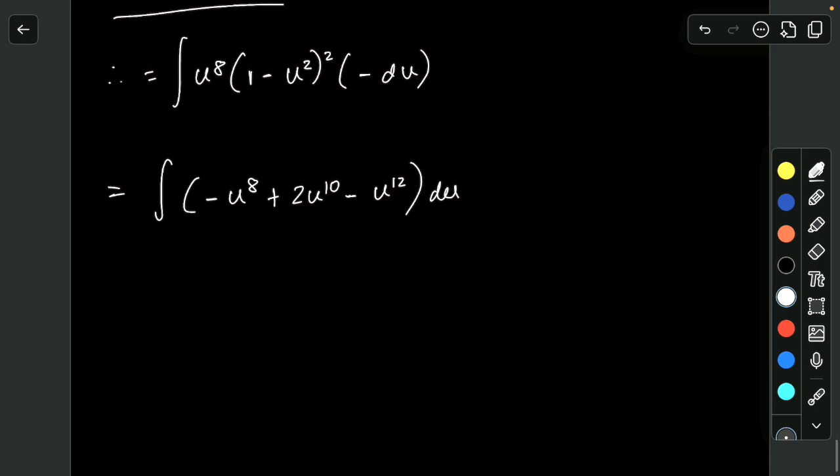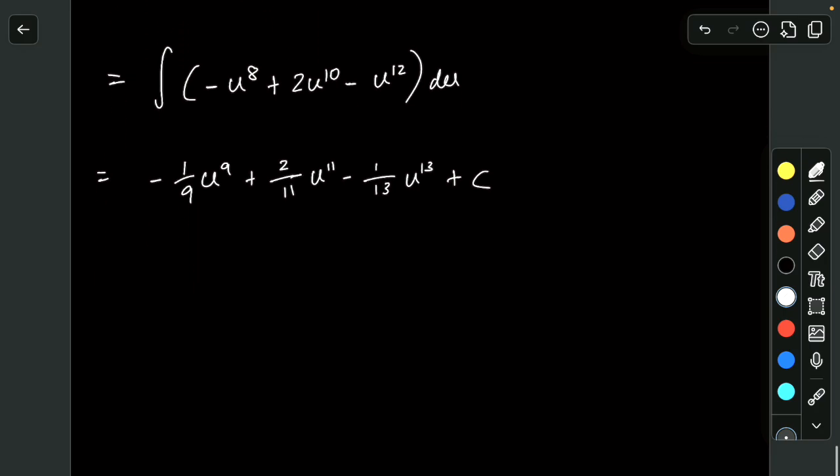And so it's just a case of now integrating. So very easy. We can just say negative 1 over 9 u^9, plus 2 over 11 u^11, minus 1 over 13 u^13, plus c.